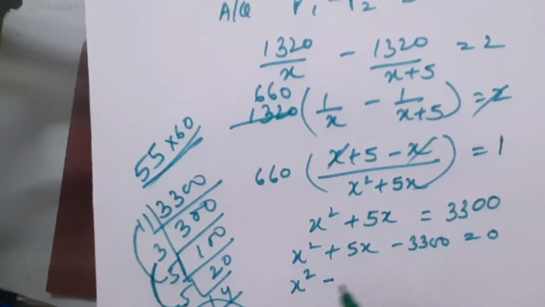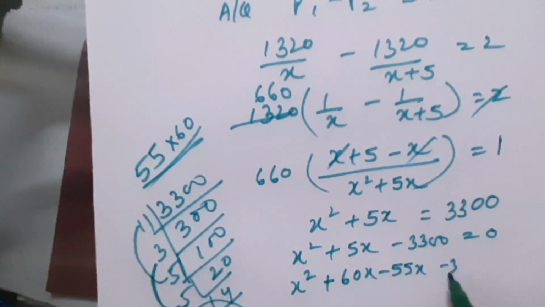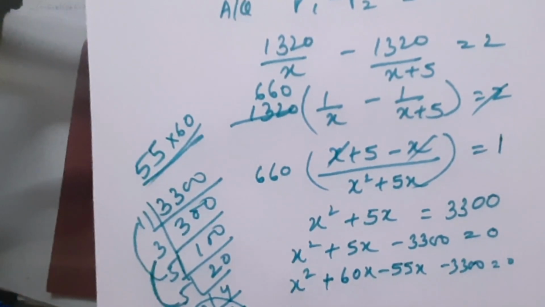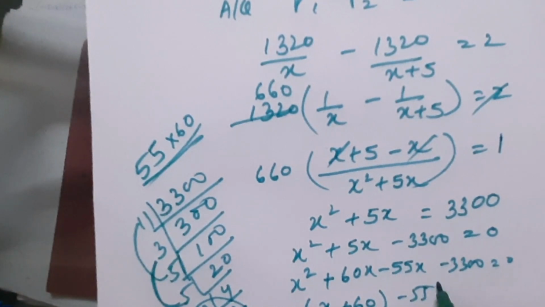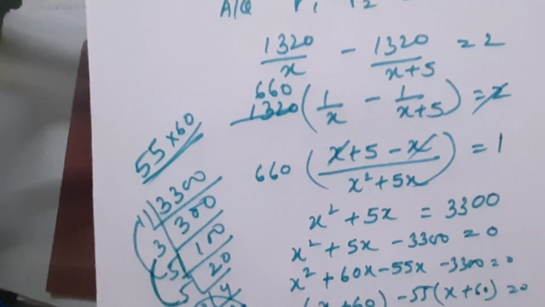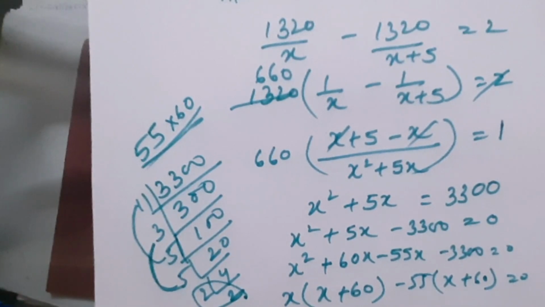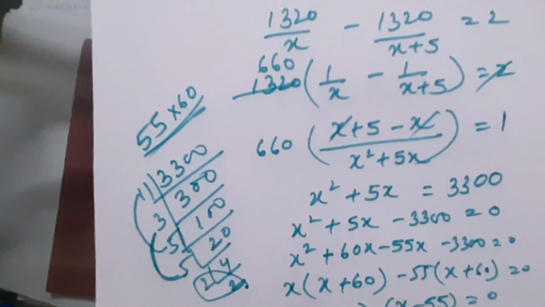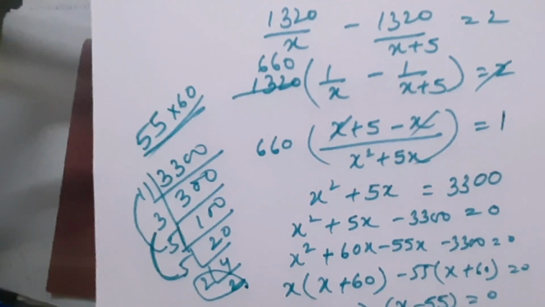So x square plus 60x minus 55x minus 3300 is equal to 0. Taking x common, x into x plus 60 minus 55, again x plus 60. So x plus 60 and x minus 55 is equal to 0. Thus x is minus 60, or x is equal to 55.